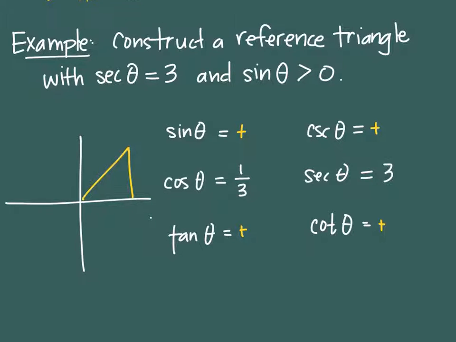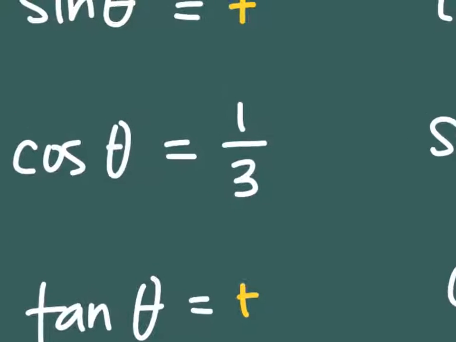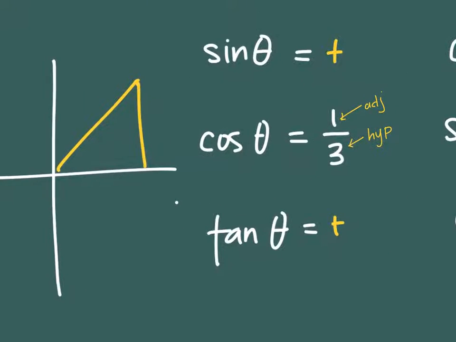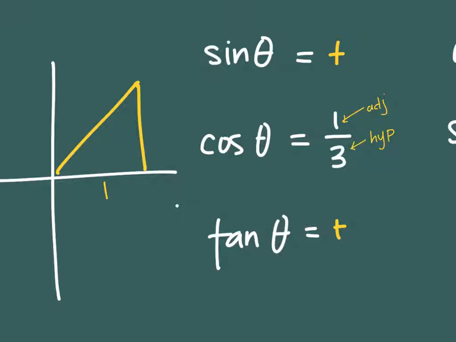So I'll go ahead and do that. And I want to label. Since cosine was 1/3, I know that adjacent is 1 and hypotenuse is 3. And so if adjacent is 1, adjacent is always that b value. Hypotenuse is 3, and theta goes in the corner by the origin.